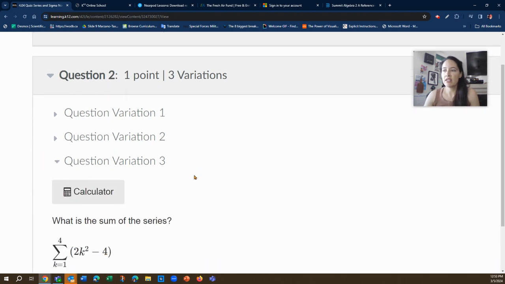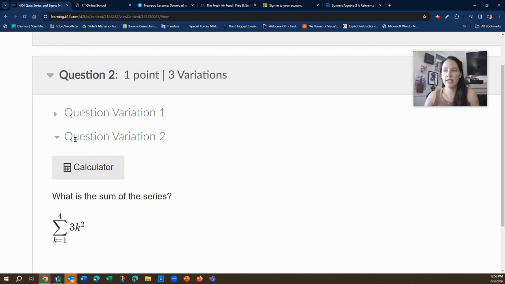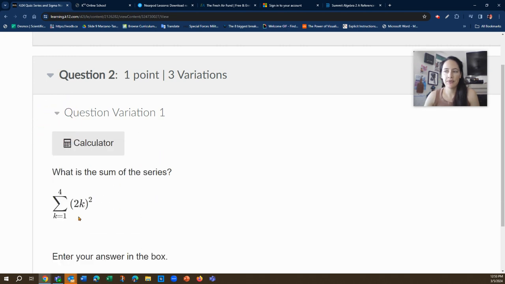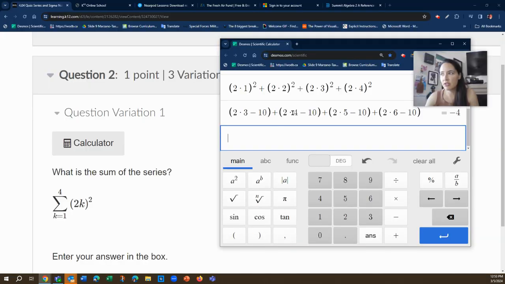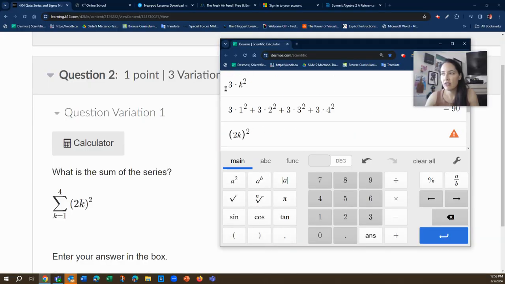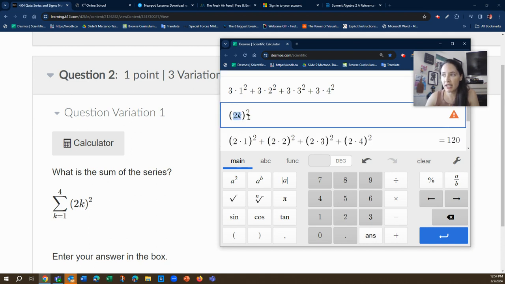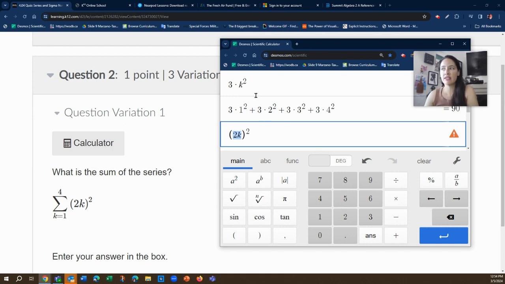What is the sum of this series? Each of these has a little bit of a different variation. Pay attention to where the parentheses are. This matters. We did it in class. This 3 times k squared is different than 2 times k squared because of the parentheses and where the square is attached to.